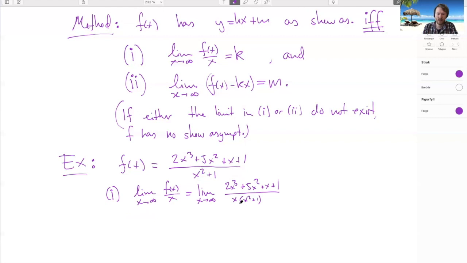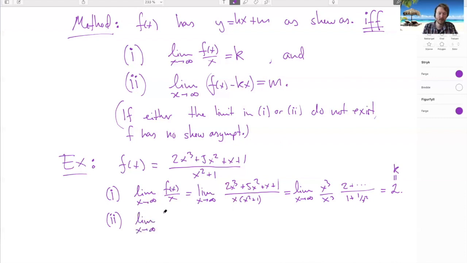Well, downstairs we have x to the third, and upstairs we have x to the third. So factoring out, what do we get? We get x to the third and x to the third. And upstairs we get 2 plus a lot of things that will tend to 0. And downstairs we get 1 plus 1 over x squared that will tend to 0. So all in all, this will give us 2. So now this is the value for k. It doesn't tell us that we have a skew asymptote yet. We need to find the m as well.